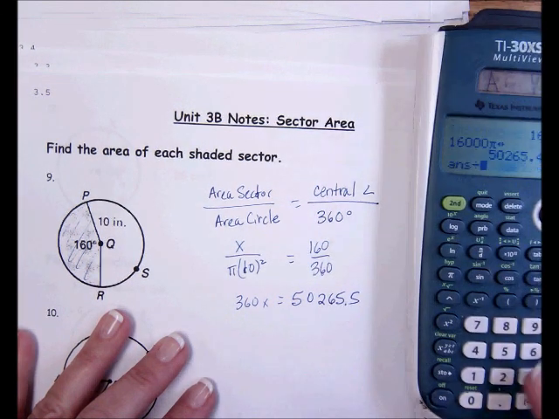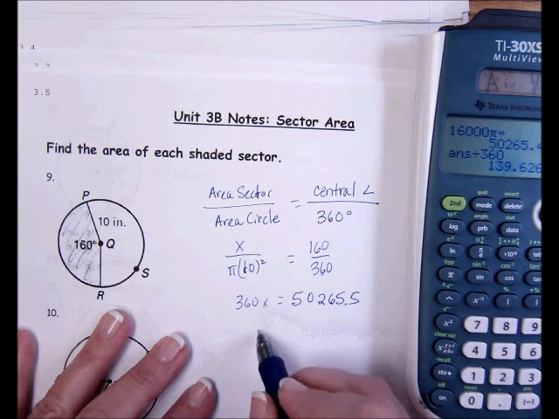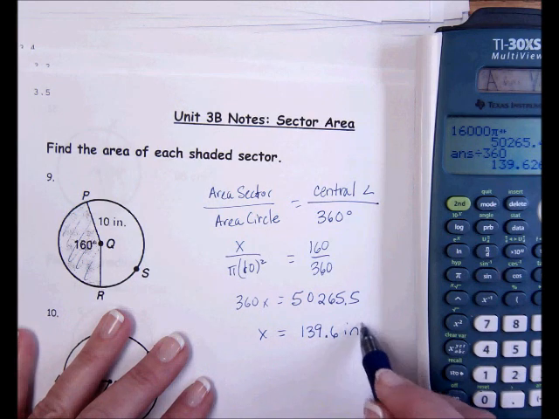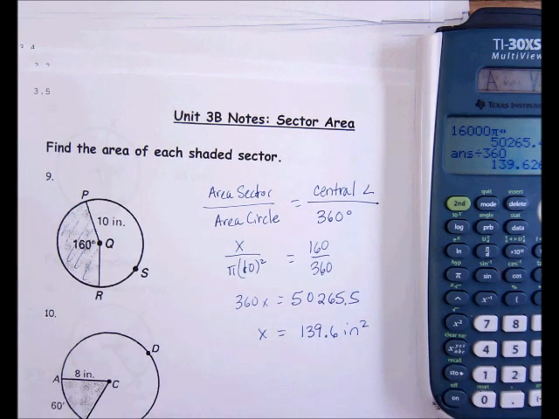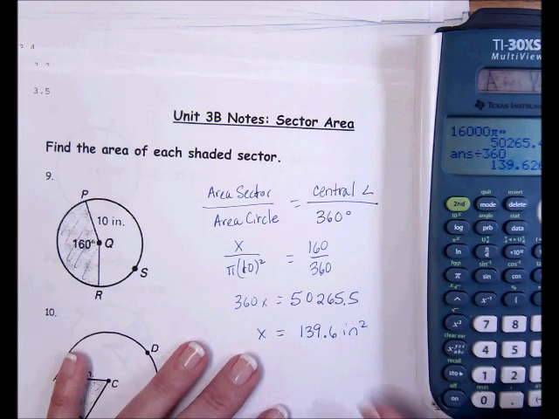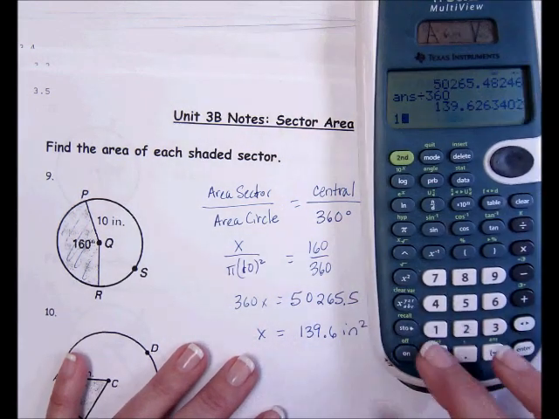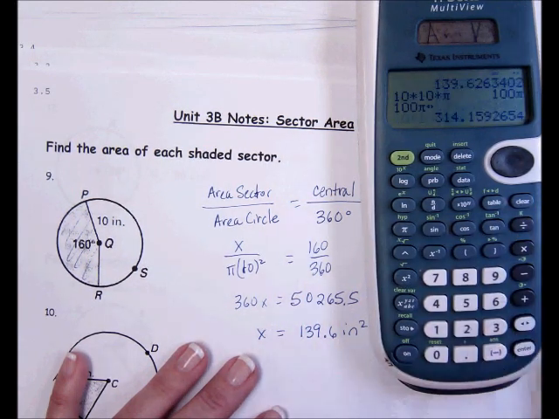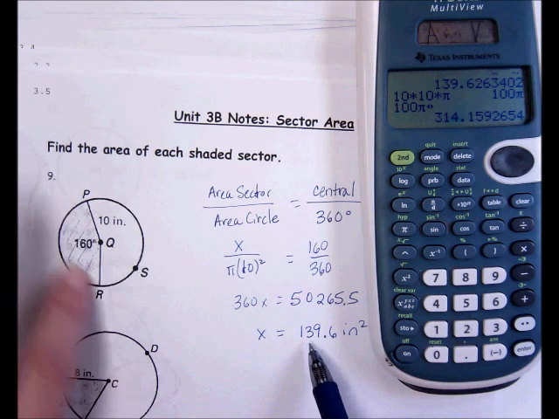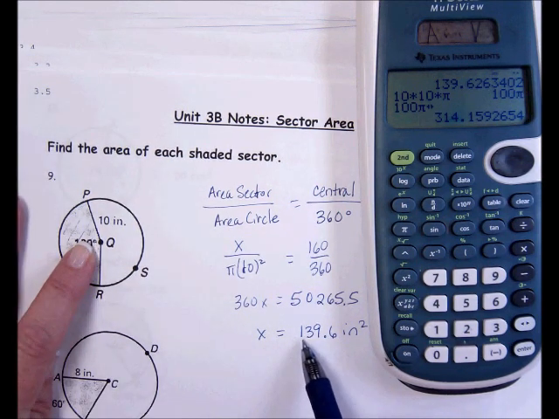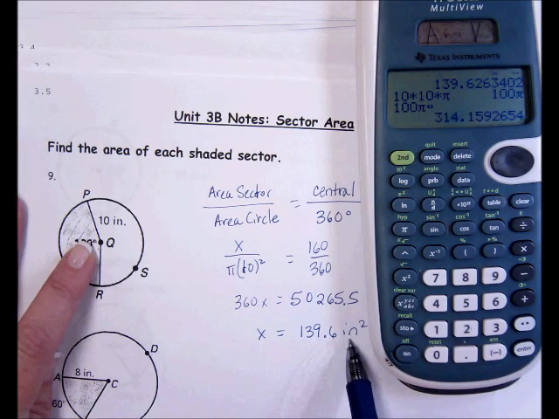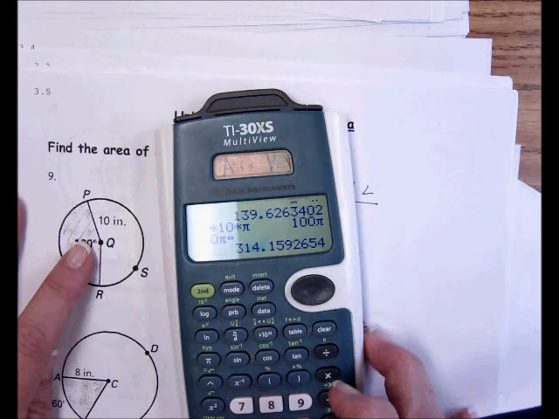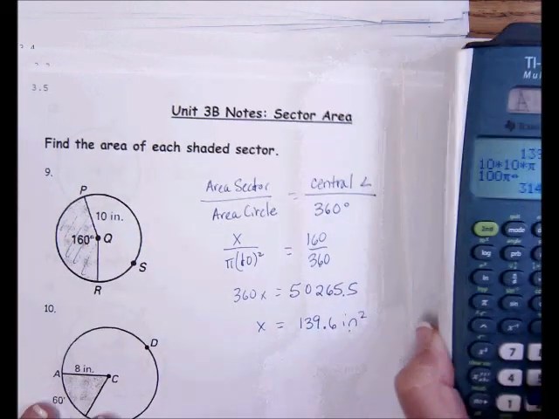I divide both sides by 360, and so x is going to equal 139.6 inches squared, whereas the whole area of my circle is 10 times 10 times pi, which is 314.2 inches squared. So it's reasonable that this shaded sector is part, 139.6 inches squared, of the whole area of 314.2 inches squared of the circle.